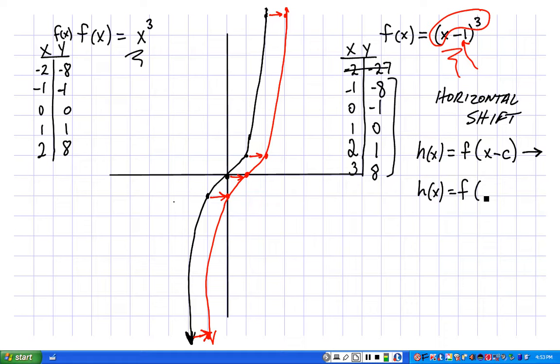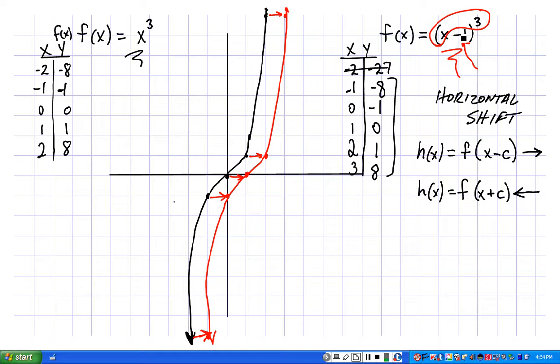And if you have a constant being added inside of your parent function, then that means you'd have a horizontal shift to the left. Okay, so I just showed you how the black parent function shifted to the right, you see in red, by 1 unit because we have this -1 embedded inside of the function.